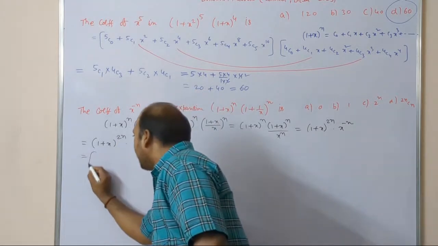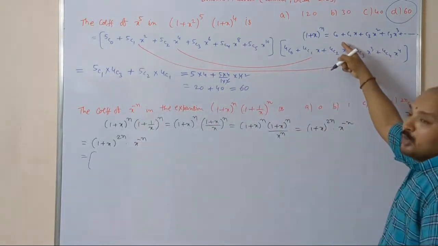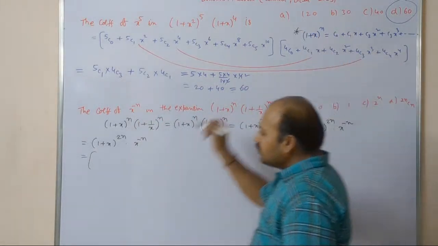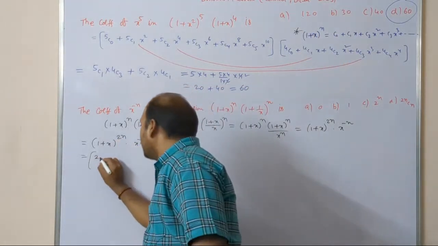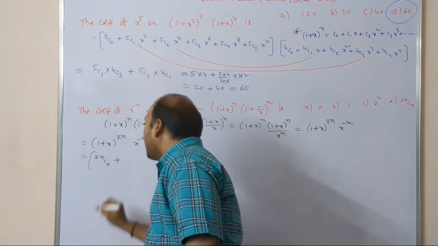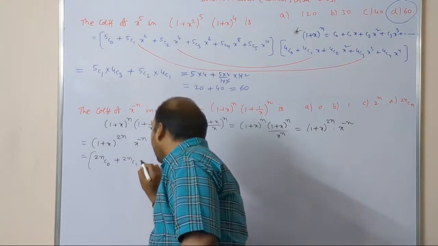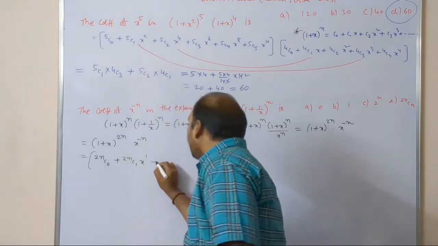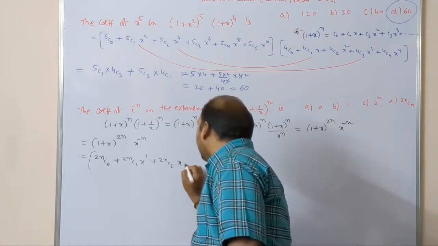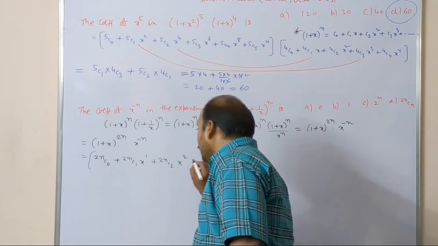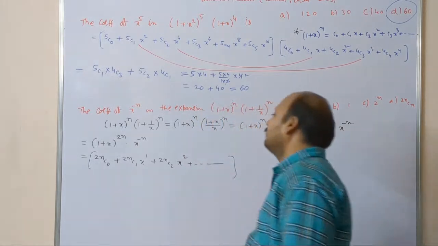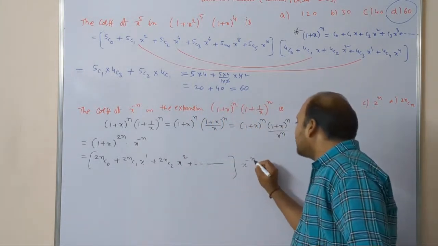So (1 plus x) whole power n expansion, like this way I am doing. So in place of n, 2n is there. So 2nC0 plus 2nC1 into x power 1 plus 2nC2 x power 2 plus and so on, into x power minus n.